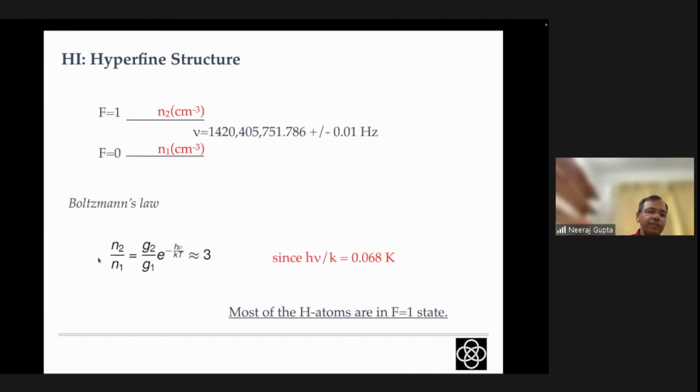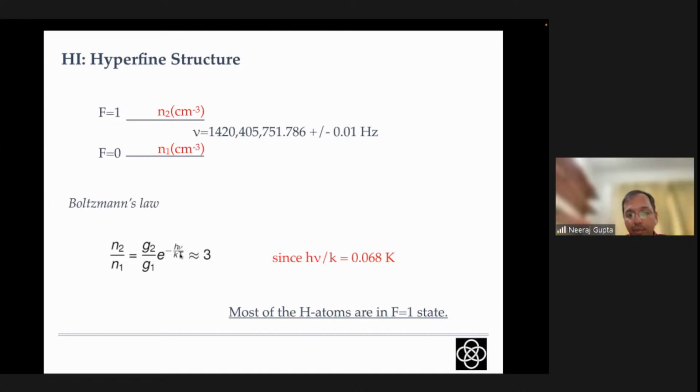If I have any two levels of an atom or a molecule, I can write this equation, regardless of whether it is in thermodynamic equilibrium or not: N2 by N1 equals G2 by G1 times an exponential, and in a very generic sense this T is called the excitation temperature. This represents nothing but a nomenclature through which I am representing the level populations N2 by N1 for this two level system.